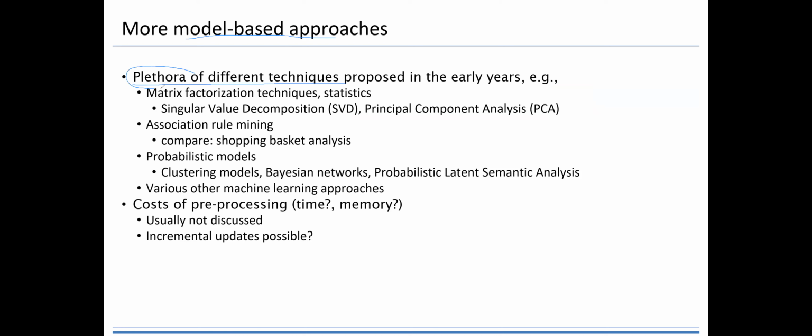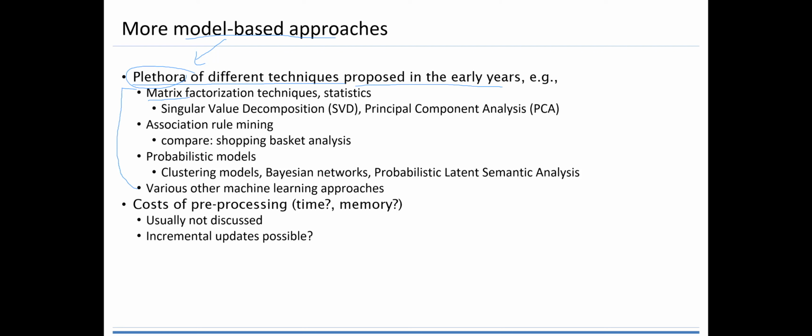So when we deal with these model-based approaches, there is a plethora of different techniques. Plethora means a large variety. So this is a concept of different techniques proposed in the early years. When researchers worked on recommender systems in the early years, if you know the history of recommender systems, it started from 2004, 2005. They tried to use very basic approaches.